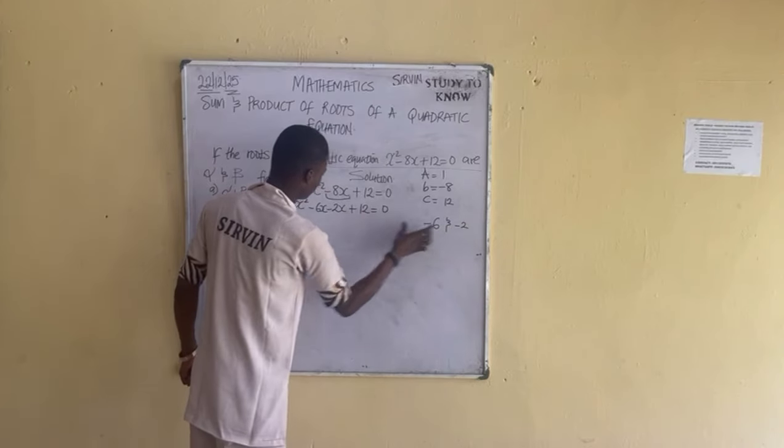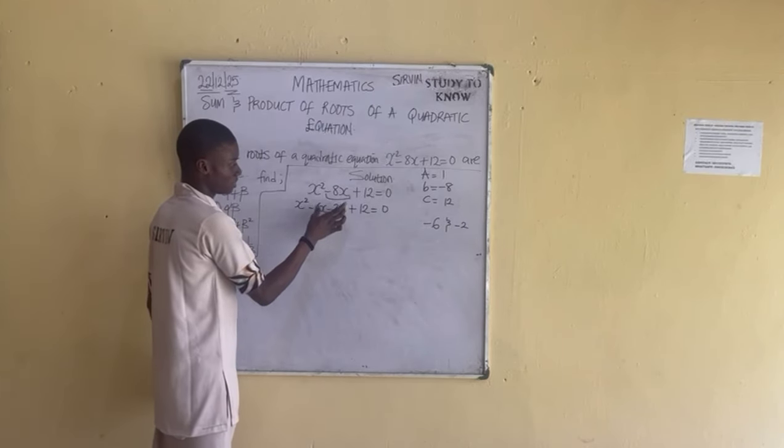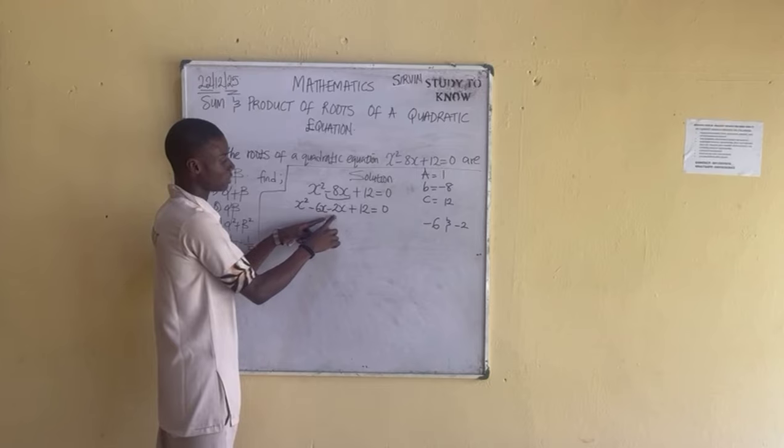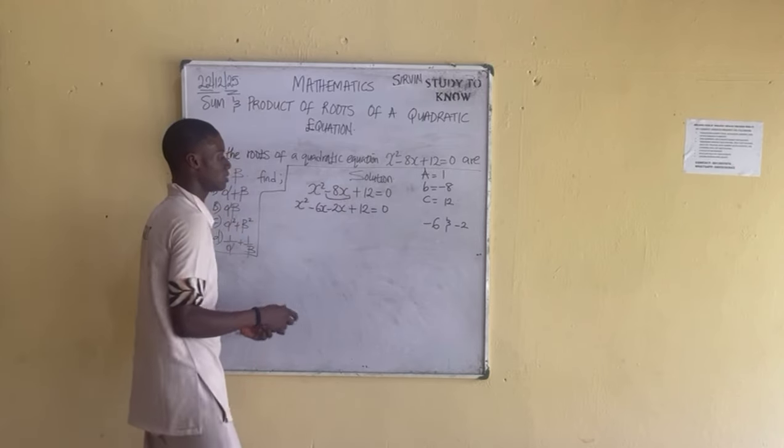After replacing the values here, if you add, it's meant to give you this. Do you understand? So minus 6x minus 2x is minus 8x.